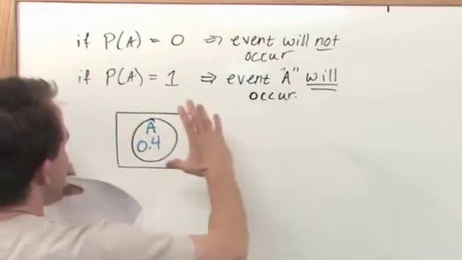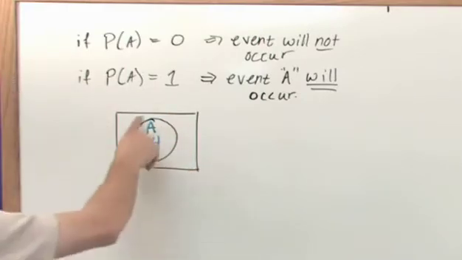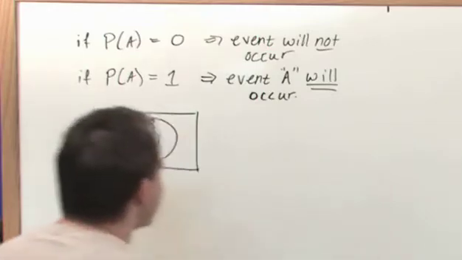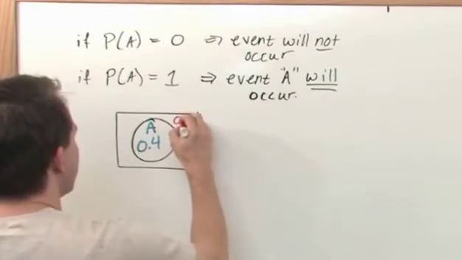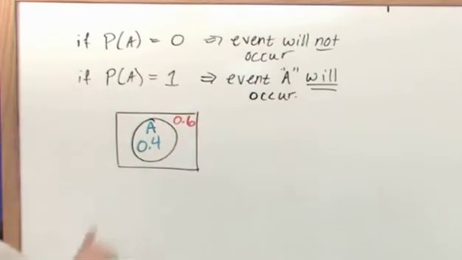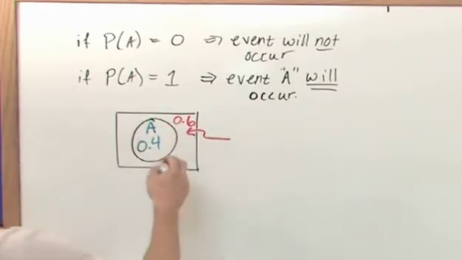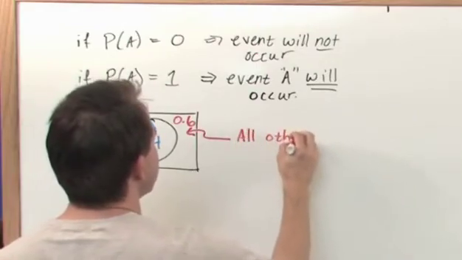If the circle is bigger, it's a larger probability. If the circle is smaller, it's a smaller probability. So you can think of the area of the circle being equivalent to 0.4. And everything outside of this circle, let's say this has 0.6 written up there, outside of the circle but inside of this rectangle, is all other events.